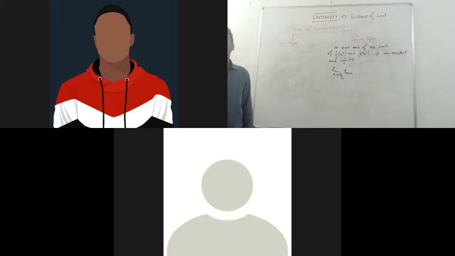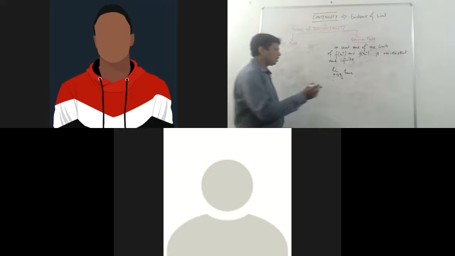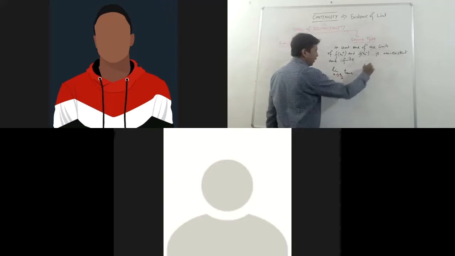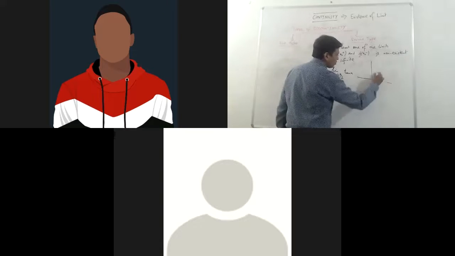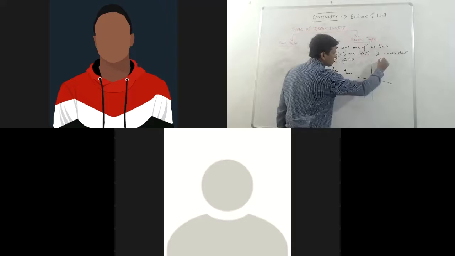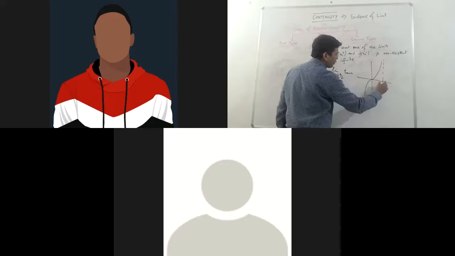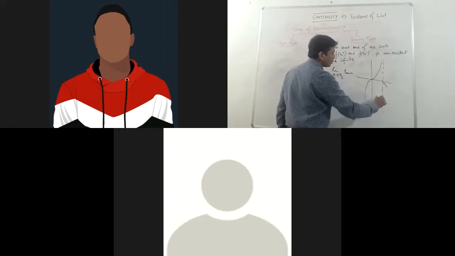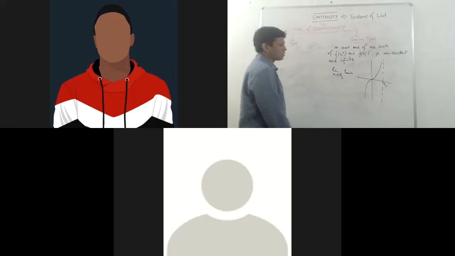Non-existent means left hand limit and right hand limit are not equal. Because x tends to pi by 2 minus, your left hand limit goes to infinity, and the right hand limit goes to minus infinity.